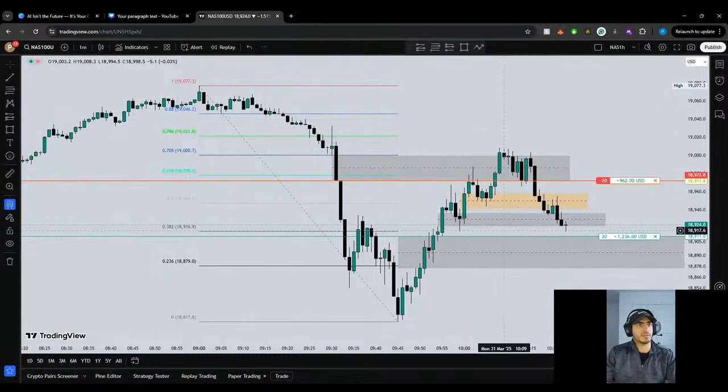By one tick. Let's see if you can continue. And I'll just adjust this one just a little bit, just to be right above the zone, right here.